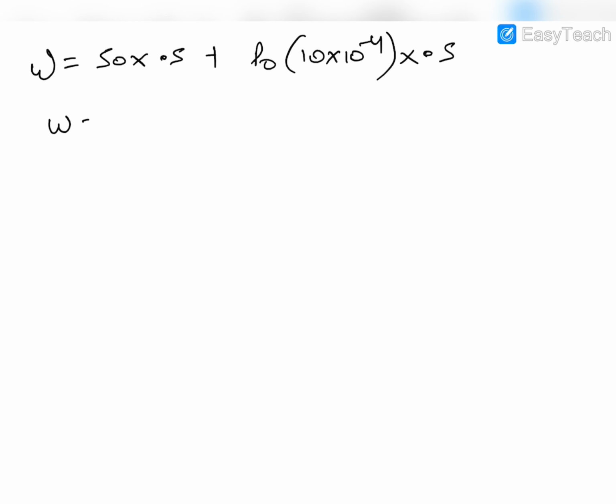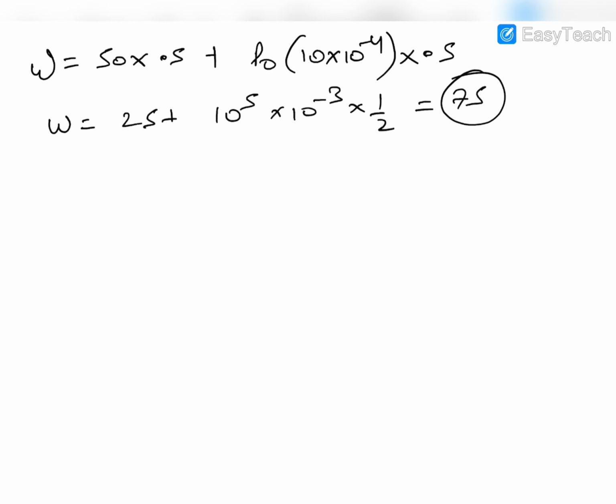So work done will be, this is 25 plus this will be 10 to the power 5 into 10 to the power minus 3 into 1 by 2. So you can see that this is 50. So the total work done is 75.